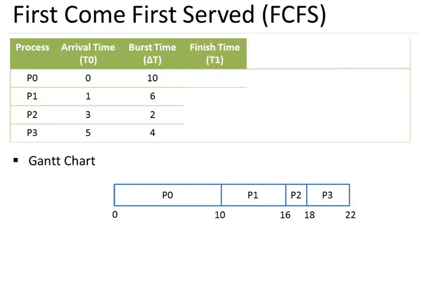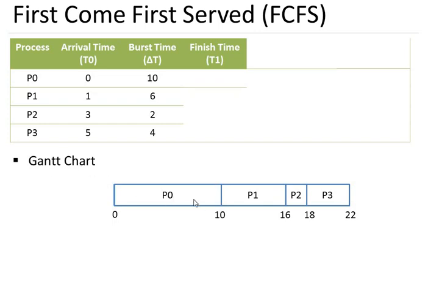First of all you have to find the finish time, or I can say completion time, or exit time. When process P0 arrives in the system, that is at 0, and it executes on the CPU for 10 units. So what is the finish time? To find the finish time of the process, you need to check this Gantt chart.